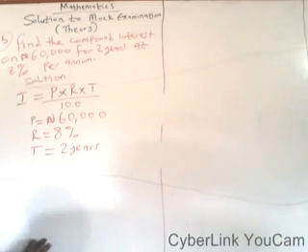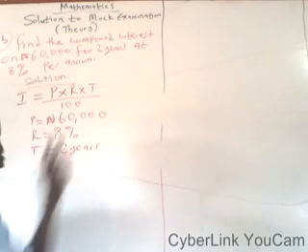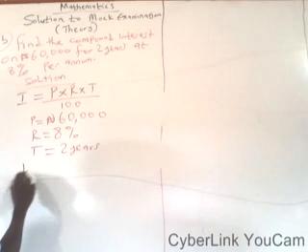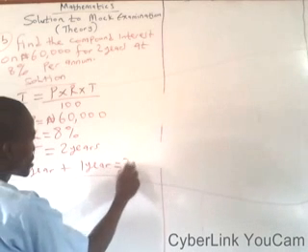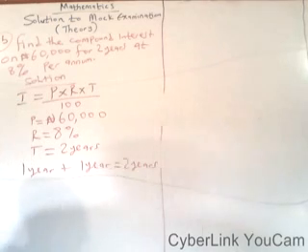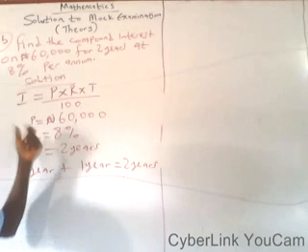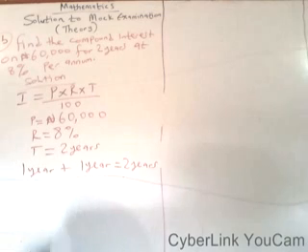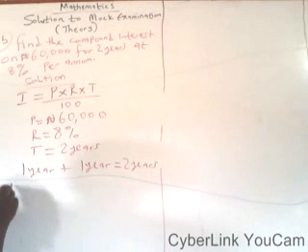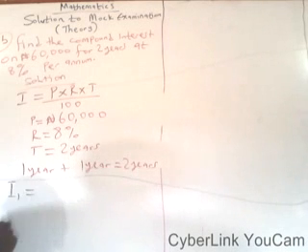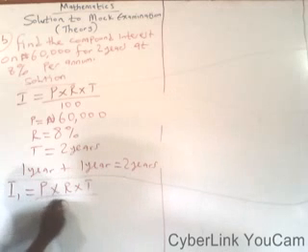In this case of compound interest, you are given 2 years. You are going to split these 2 years into 2, that is, 1 year plus another 1 year. We are going to calculate the interest for the first year and then the interest for the second year. Interest for the first year, I want to tag that one I1, which is equal to P times R times T all over 100.